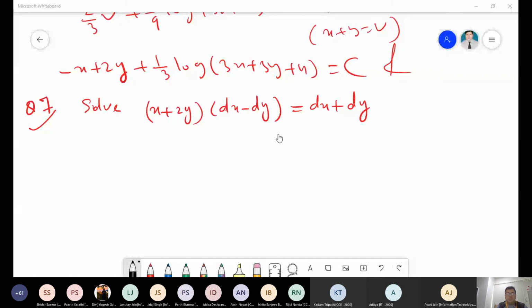Let me recall the attendance. Yesterday it was Engineering Mathematics 11. If anyone finds that it is wrong, tell me. Rohan Khanna was absent. Yes, sir, I had a network issue.